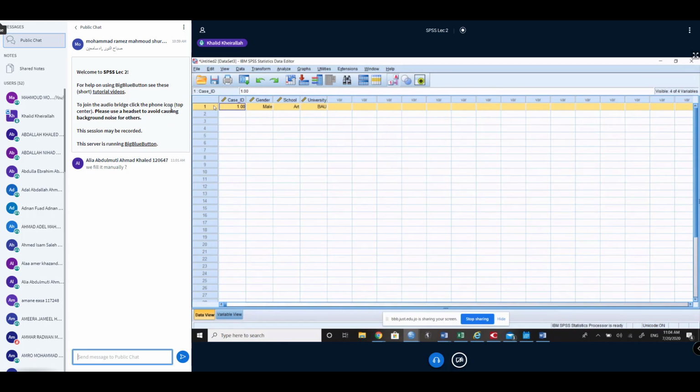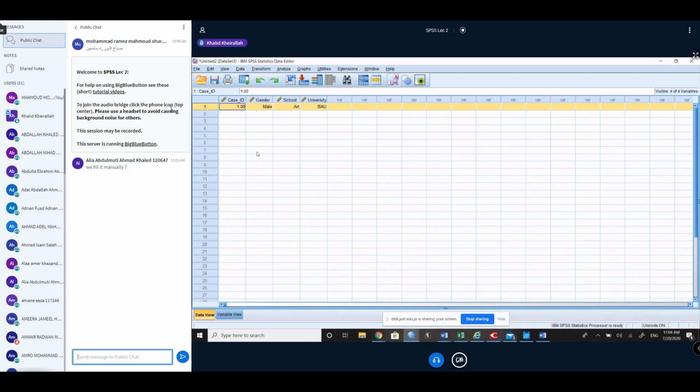Instead of having a variable with 20 or 30 options or labels, we try to collapse it into 2 or 3 or 4 subcategories depending on the data. Sometimes, once you are done entering the data and you start your initial analysis, you can then collapse or summarize some of the variables into 2 or 3 or 4 subcategories or labels. Okay.